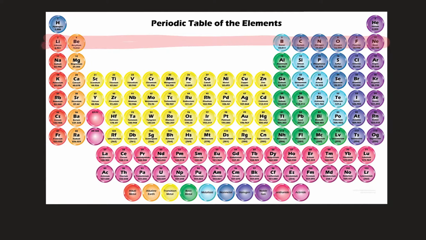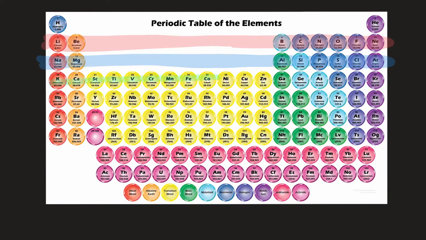So this is period number 2 because it's the second row. We'll talk about this in more detail in a later unit, but elements within the same row have the same number of energy levels. Energy levels are where electrons reside around the nucleus.